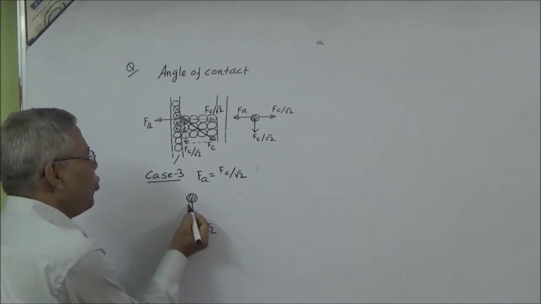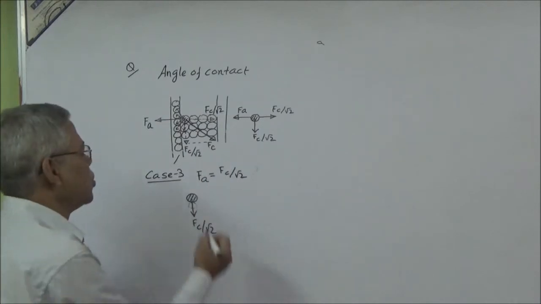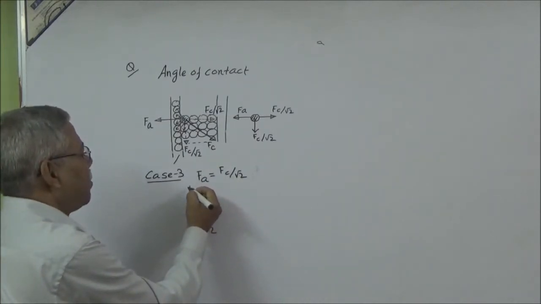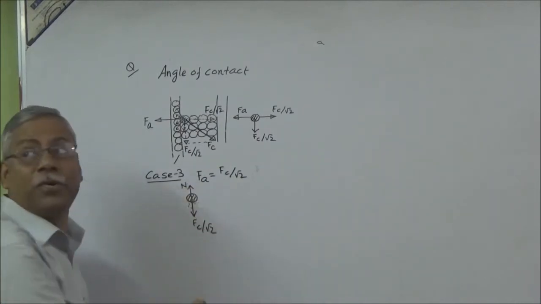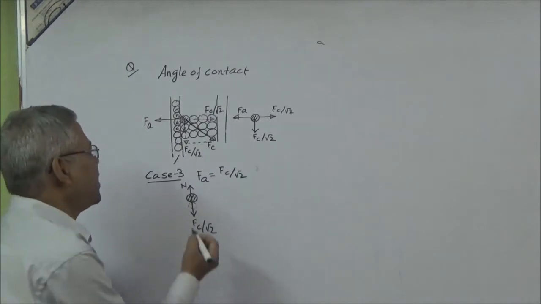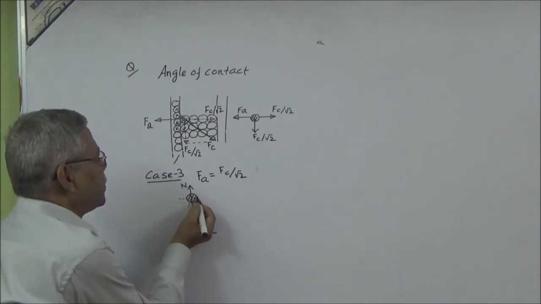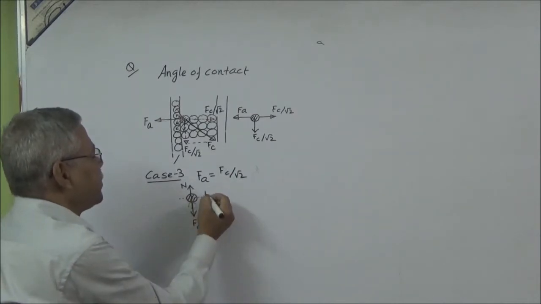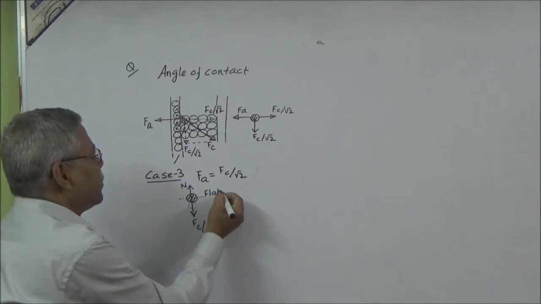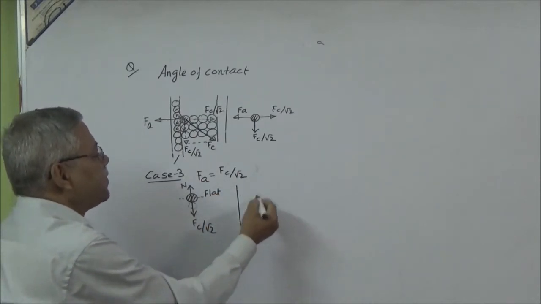And the molecule which is in contact with this and in the line of this force will exert a normal force in this direction. As a result, the surface will be like this. Flat surface.